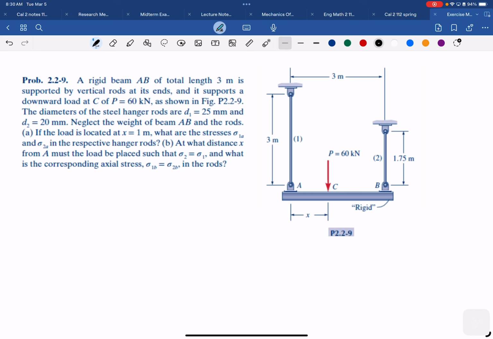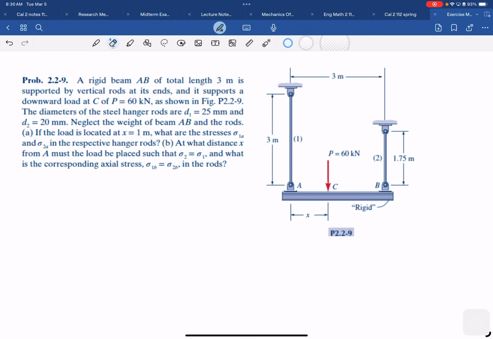So again, the idea is the weight is basically weightless, so we need to observe only the external force, 60 kilonewton.